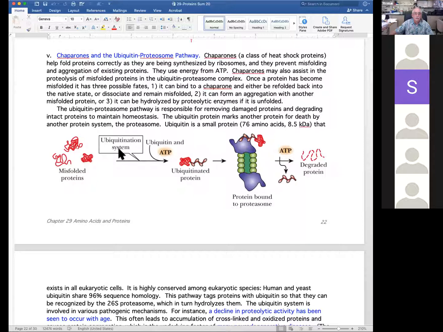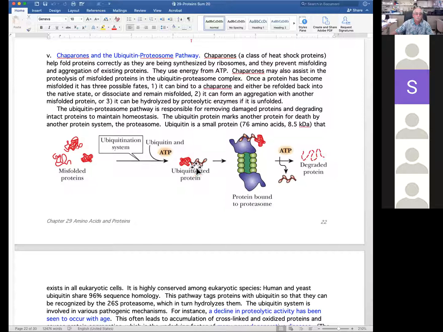And so if the protein that's denatured can't be refolded, then the ubiquitination system kicks in and it marks that protein for death. So here's some misfolded proteins. At the expense of ATP, you put ubiquitin proteins on there and you mark it.